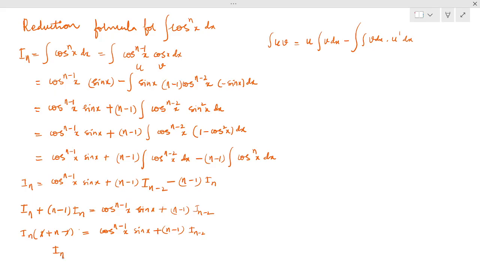You will get I_n is equal to cos raised to n minus 1 x into sin x divided by n, plus n minus 1 divided by n times I_n minus 2.